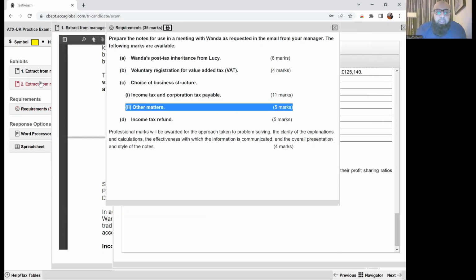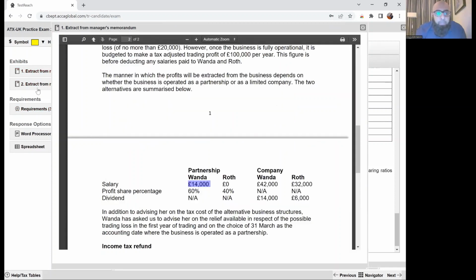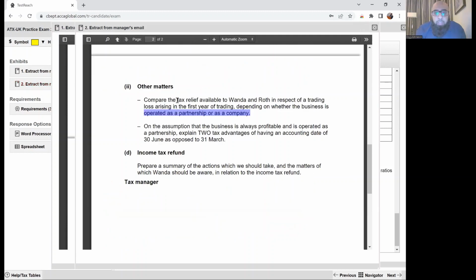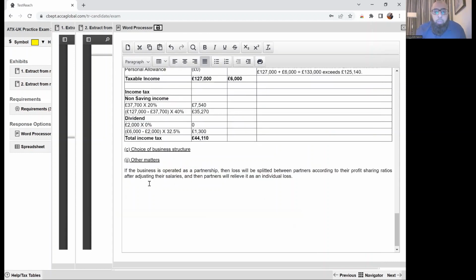So there are only 5 marks in other matters. If I look at the email from the manager, it says to compare the tax relief available depending on whether the business is operated as a partnership or as a company. So if you want, you can show the working of how the loss will appear. If the business is operated as a partnership, then what will happen?